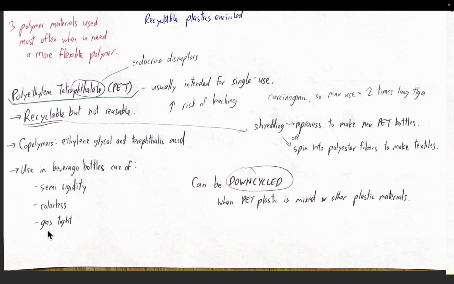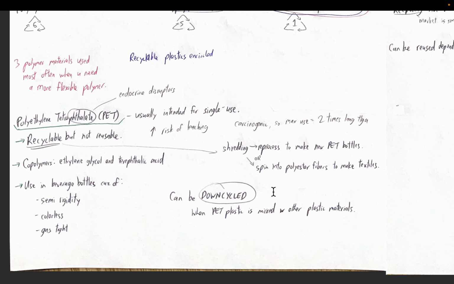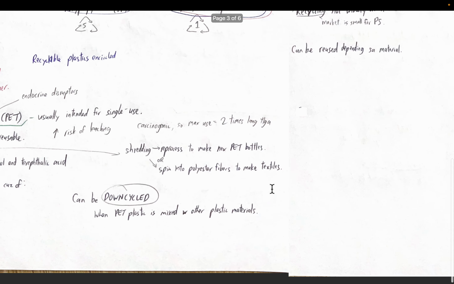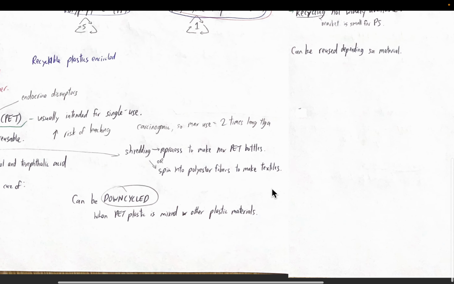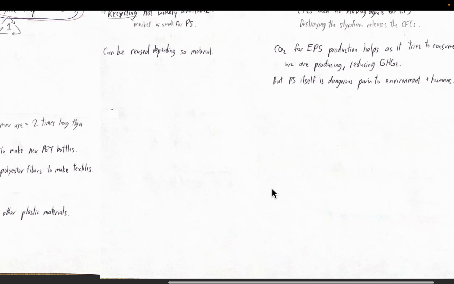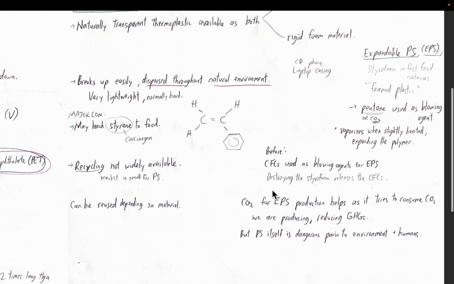Another way, well, you can't really call it recycling, but aside from recycling, you can downcycle PET. This is when PET plastic is mixed with other plastic materials. More on this later. When it comes to discussing the 4 Rs, 3 of which are reduce, reuse, recycle, something that's very familiar to you, definitely.